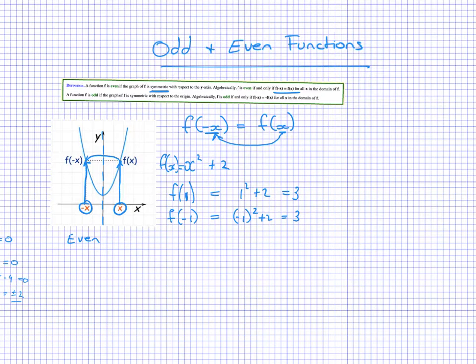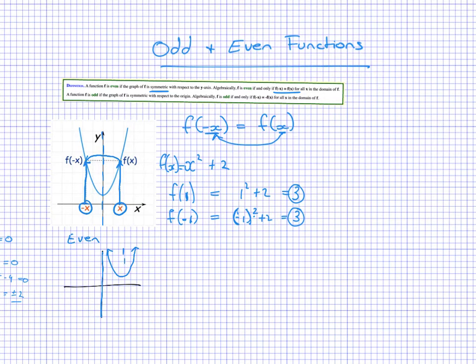So you can see here that it doesn't really matter if that input is a negative. Because it's inside the brackets, the square will get rid of the negative, and therefore the output will be the same on either side of the y-axis. All right, this is an example of an even function. Okay, I hope you notice that if we had a parabola that looked like this, the parabola is no longer symmetrical about the y-axis.